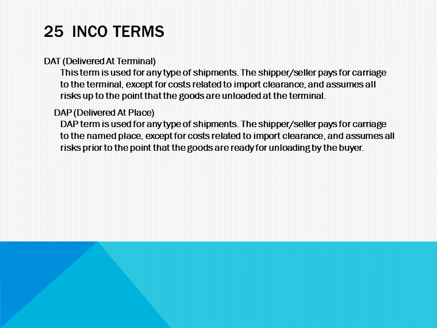DAP, Delivered at Place. DAP term is used for any type of shipments. The shipper or seller pays the carriage to the named place, except for cost related to the import clearance, and assumes all the risk prior to the point that goods are ready for unloading by the buyer.